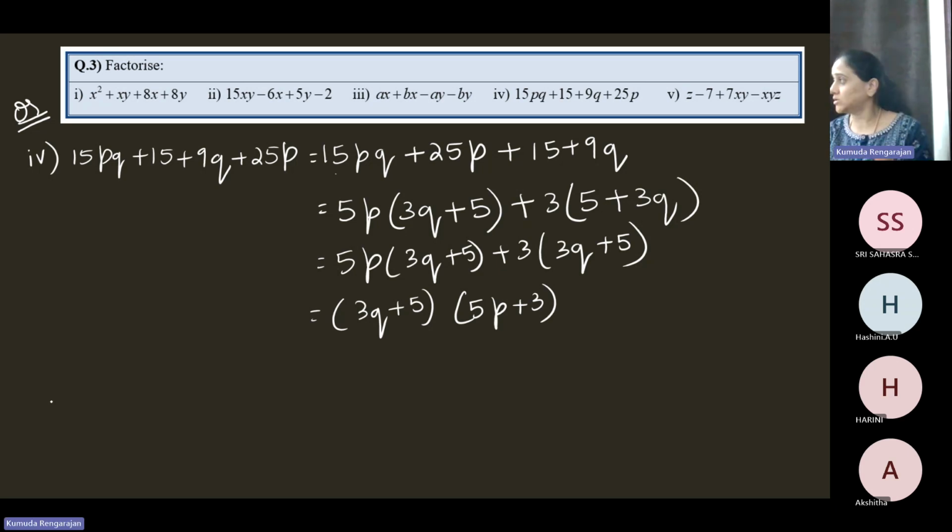Oh, you worked it like this only, is it? Okay, then you should have taken the earlier one. No problem. I've shared the image on WhatsApp.